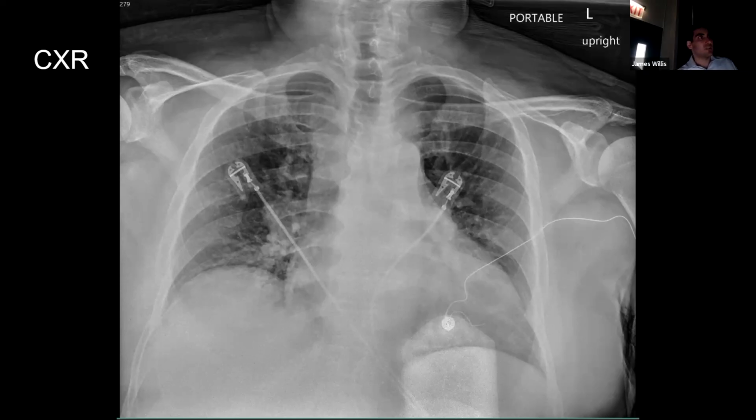What else? Cardiomegaly, definitely. Are there large pleural effusions? Not really, right? You can see the costophrenic angles. They're not overtly blunted. Yeah, it's the positioning, right?